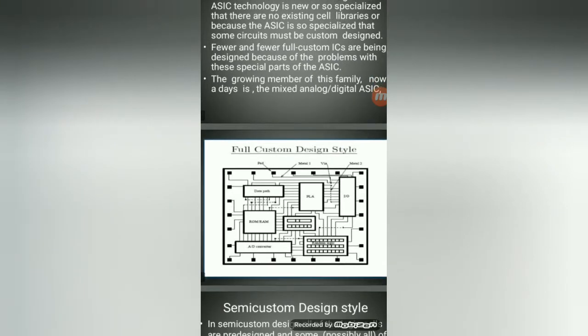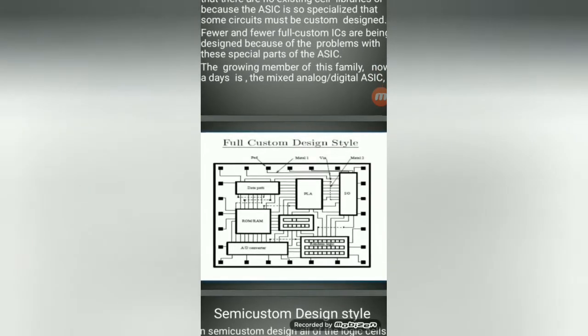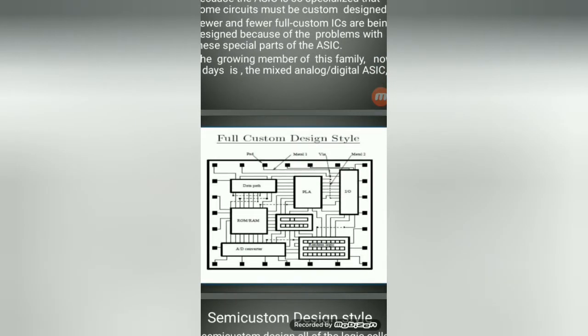Here see the block diagram of the implementation of the full custom design cell. This block diagram consists of different blocks: data path, RAM, ROM, analog to digital converter, PLA, and IO design. According to our requirement, these different logical blocks are placed in different stages.